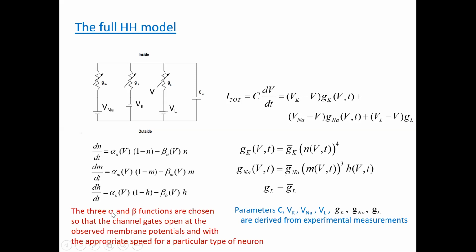And the 3 alpha and beta functions, the rates of closed to open and open to closed, are chosen so the channel gates open at the appropriate membrane potentials and with the appropriate speed to create the action potential for a particular type of neuron.